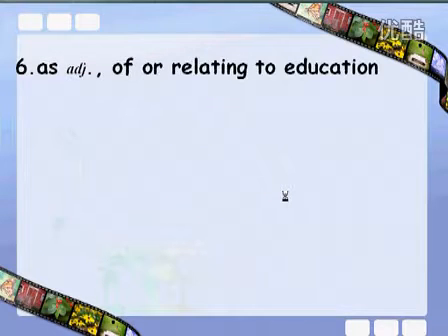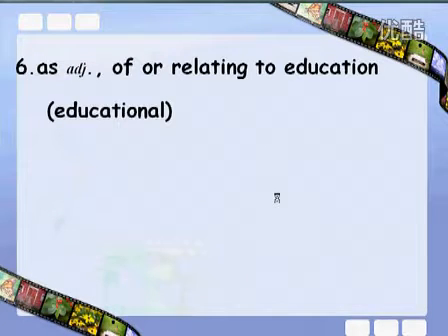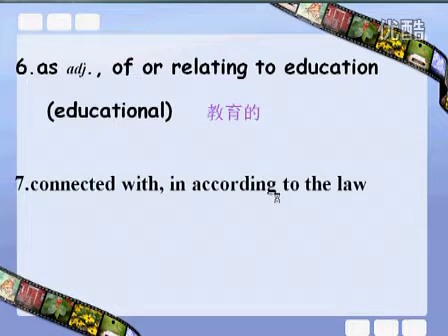Okay, now look at this. It's relating to education. Of course, educational. It's an adjective. Okay. And that's connected with, in accordance with the law.